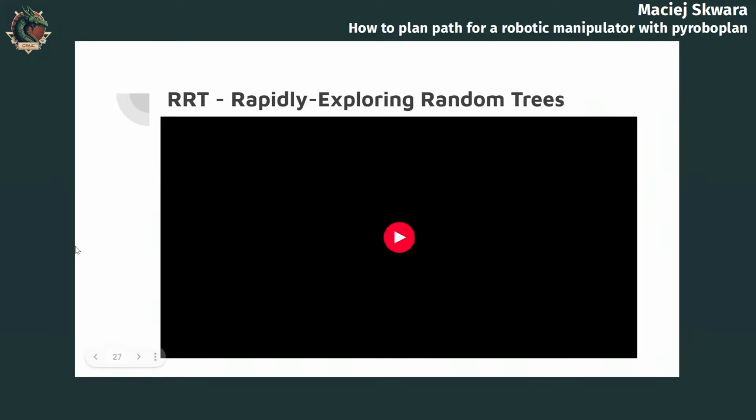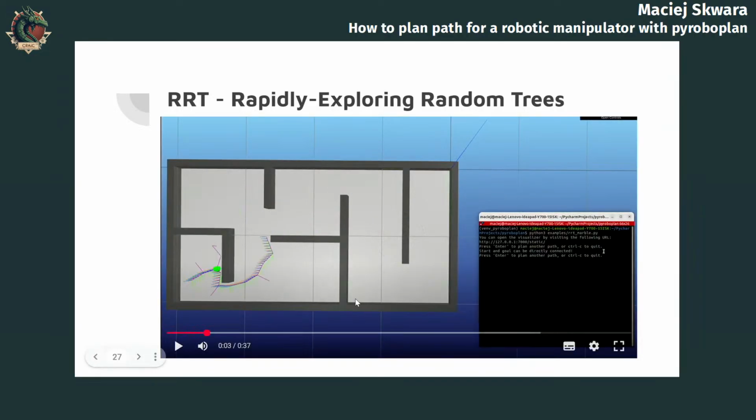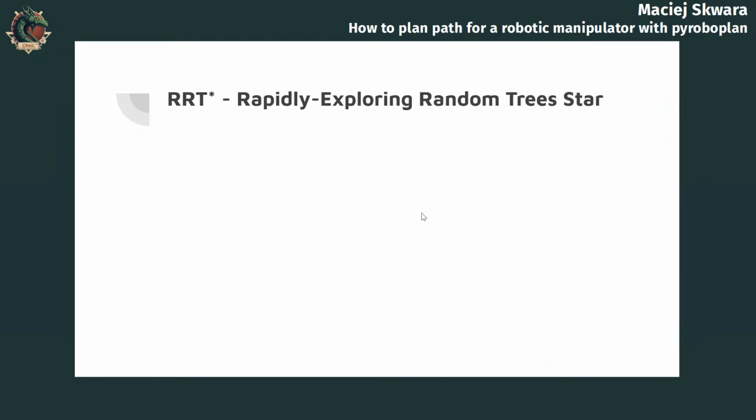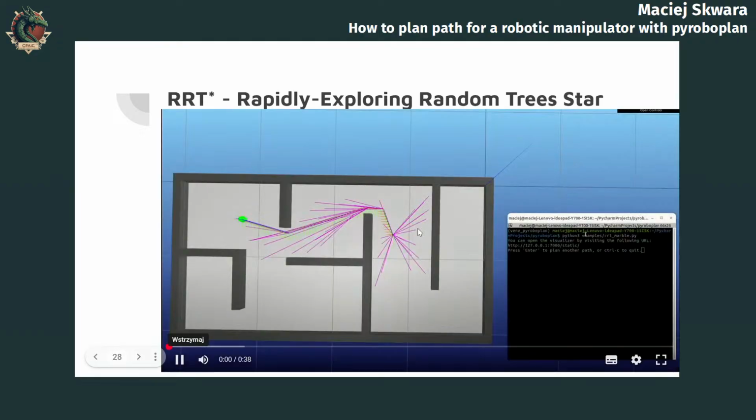Okay, the RRT algorithm has a couple of variants. So the first variant, and I think the most important, is RRT star. The difference between the classic version and the star version is that in the star version we have something called rewiring.